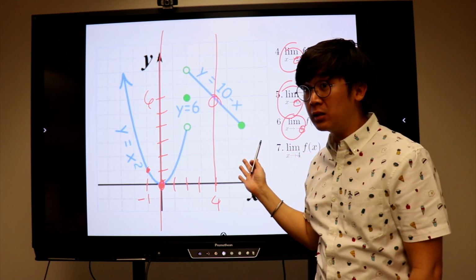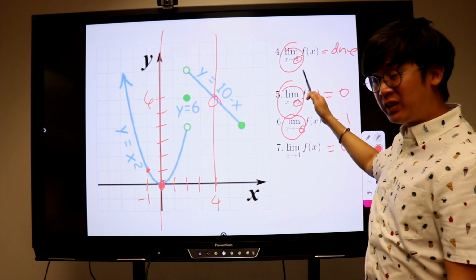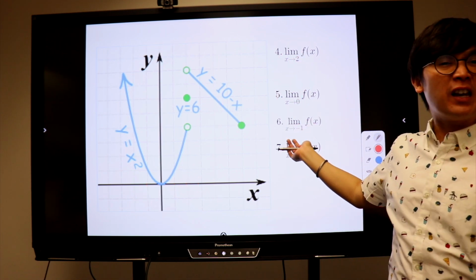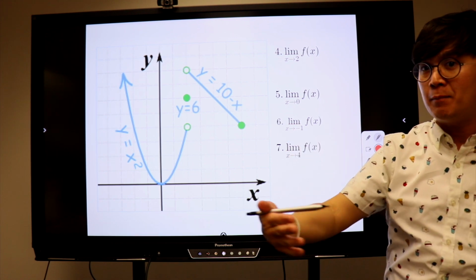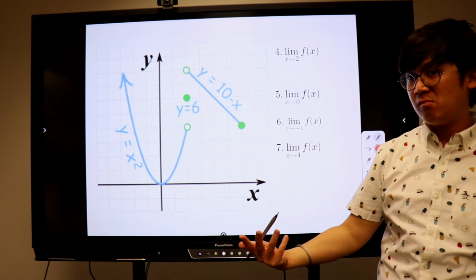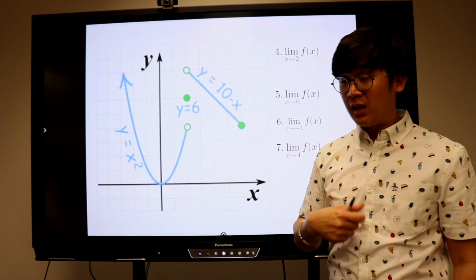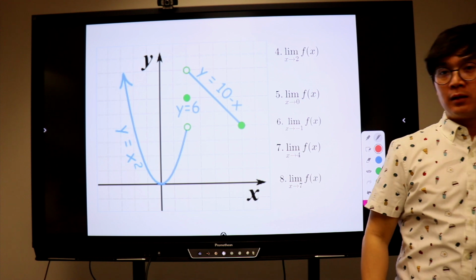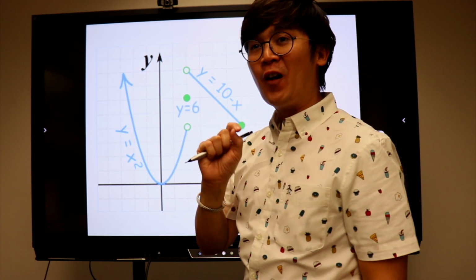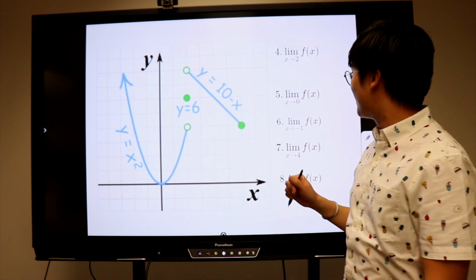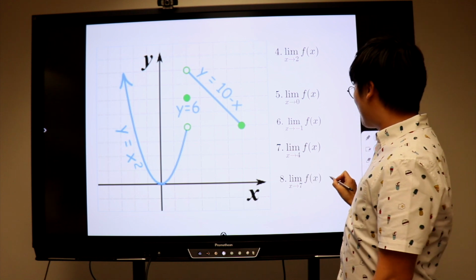Because all you need to do is look at the graph and know your notations. Why? Because if you give this to an algebra student, not knowing what we've talked about for the past 15 minutes or so, they're not going to be able to answer this. But we know it's really simple, right? So that's why knowledge is power. But the question is, how are you going to find and understand that knowledge? You come here in my classroom during Thursday when I'm available, then you'll be able to know it.